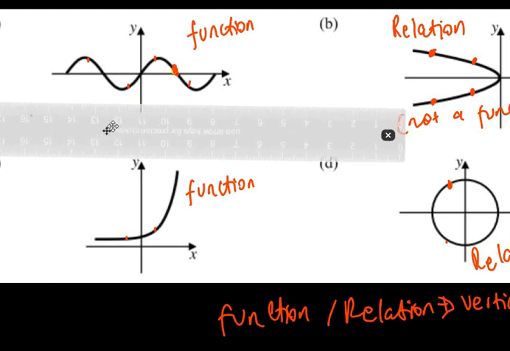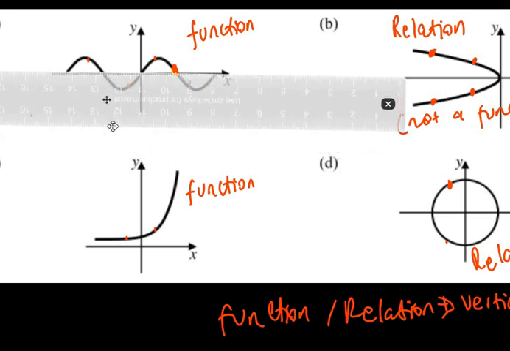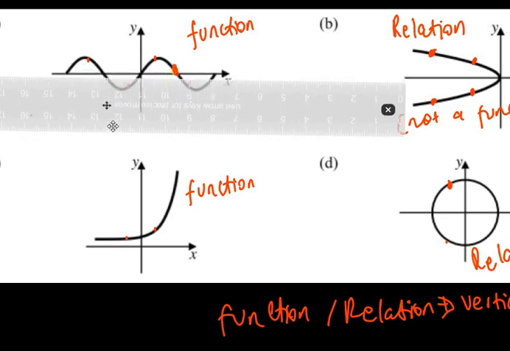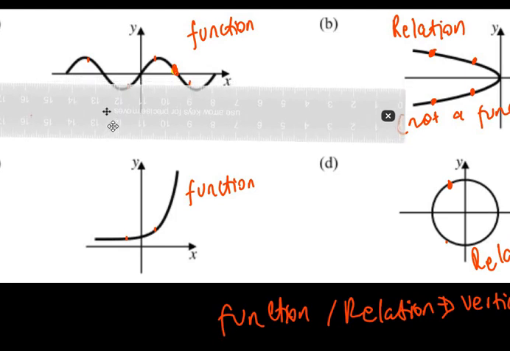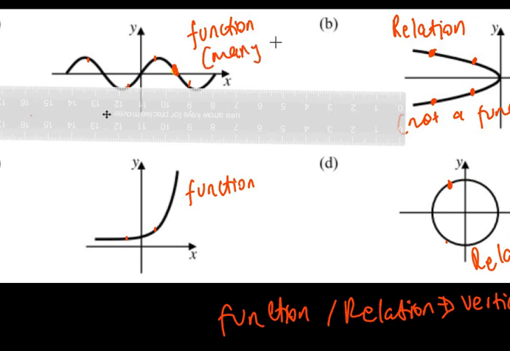If I'm moving it up and it's touching the graph twice, then it's a many-to-one. It is touching twice. Sometimes it's even touching three times. So this thing here, let me use red again, is a many-to-one function.